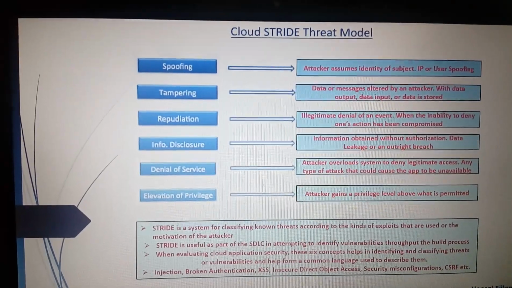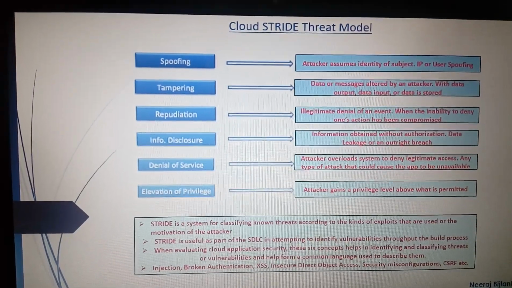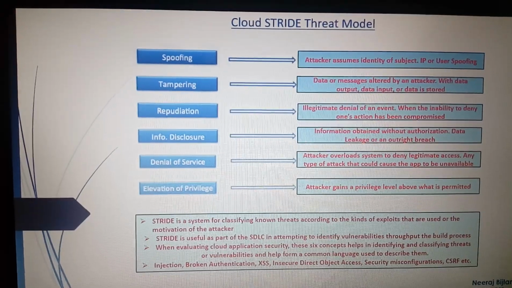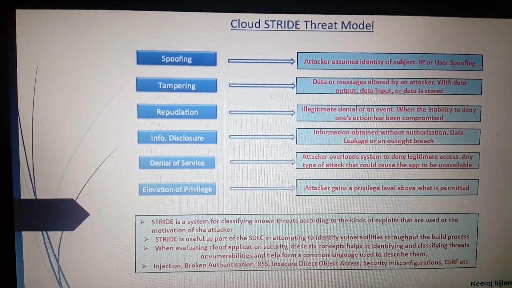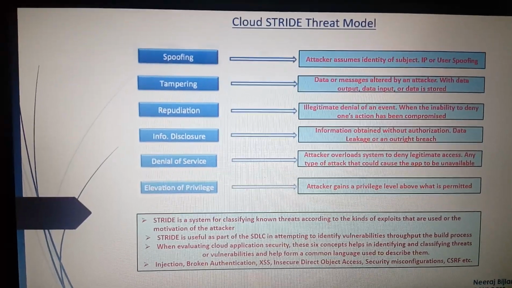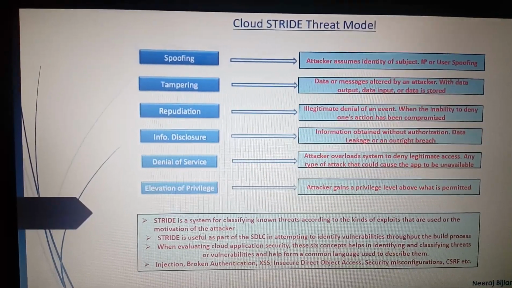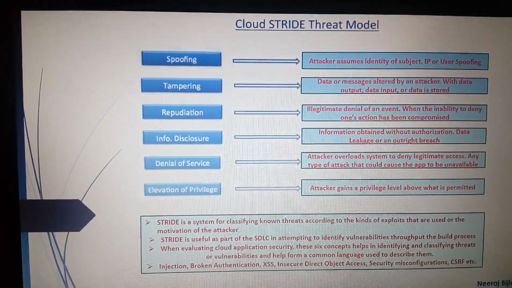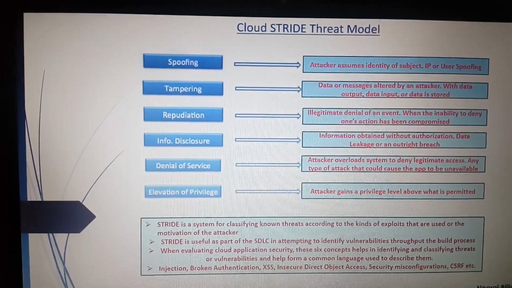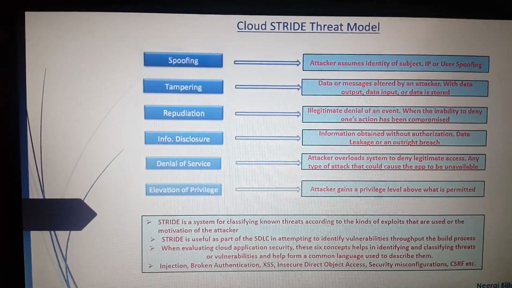This is particularly useful as part of the SDLC process, where the applications are developed keeping in mind the STRIDE threat model. Then the applications will be developed in the cloud in a more robust way. So this is all about the identification of known threats in the application.